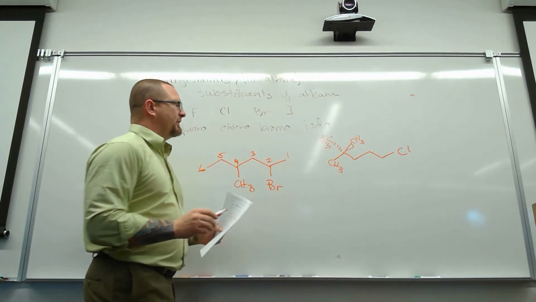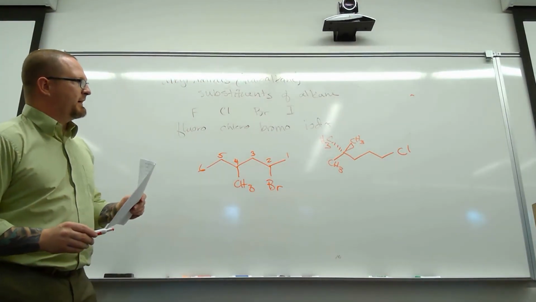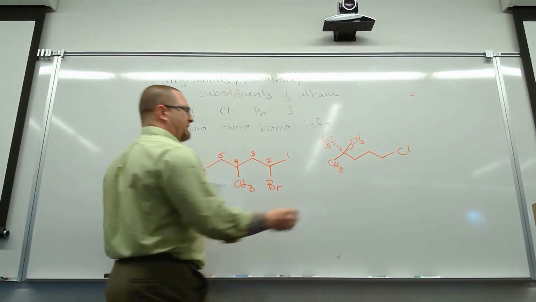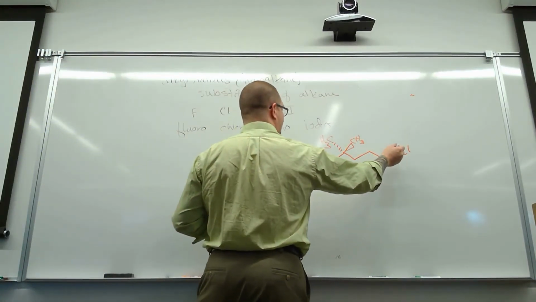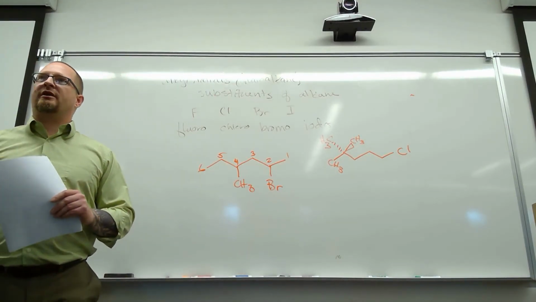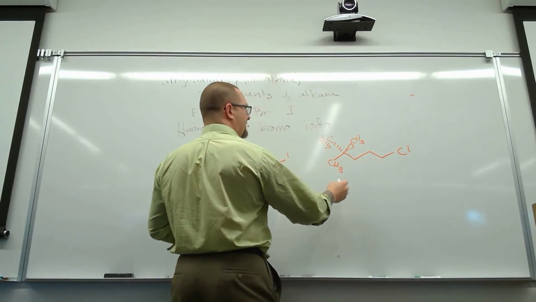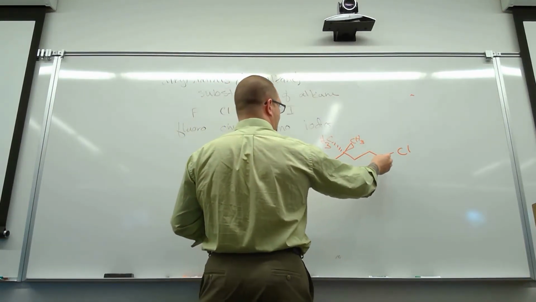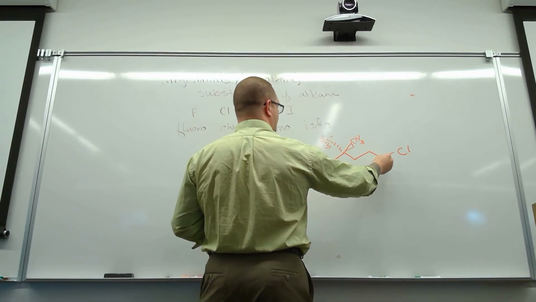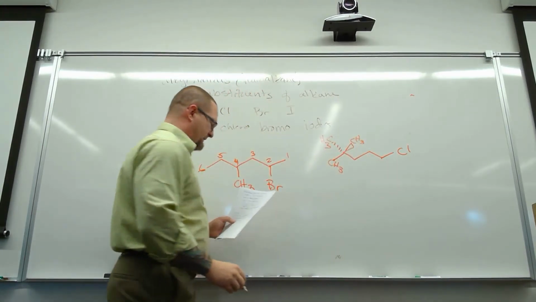So first thing, how long is the parent chain? 5, yeah. Because that's a carbon, that's not. A lot of times people start counting the chain all the way to the end as drawn, and that will get them in trouble. So, do we start numbering from this side, or do we start numbering arbitrarily from this side, even though we could start here or here, and it would be the same thing?